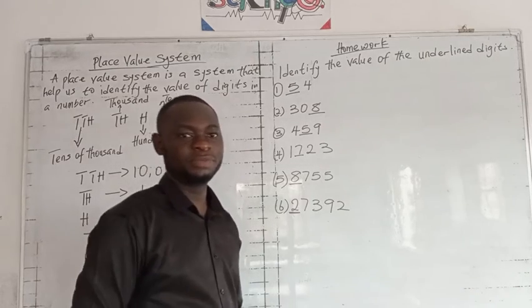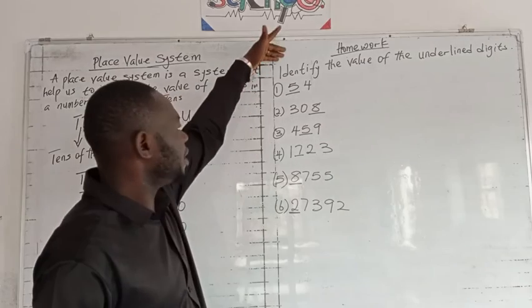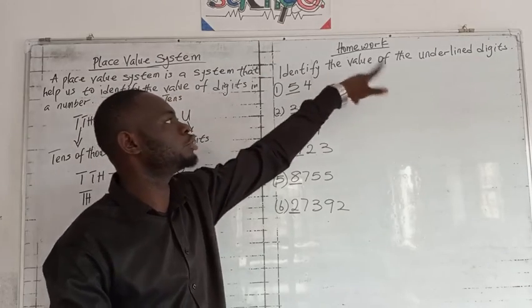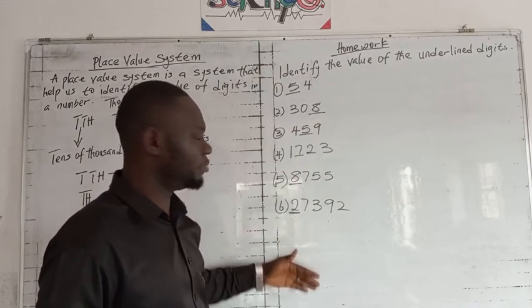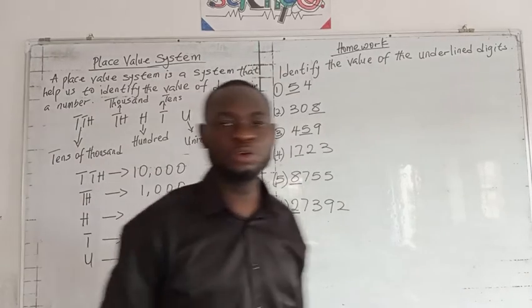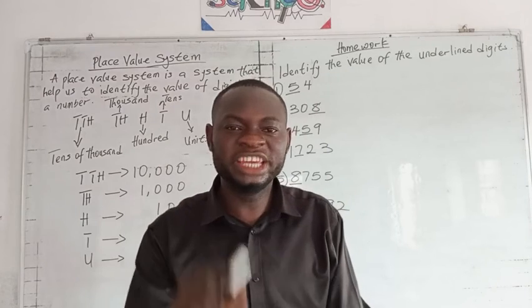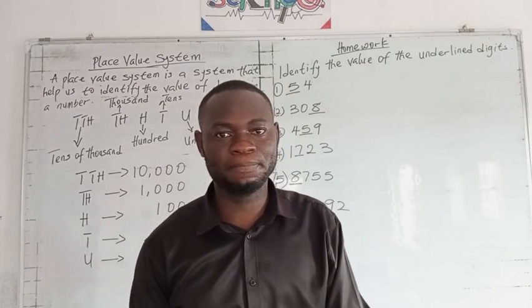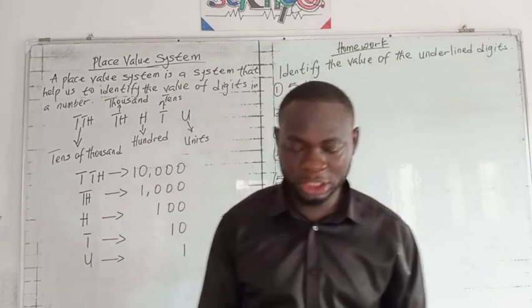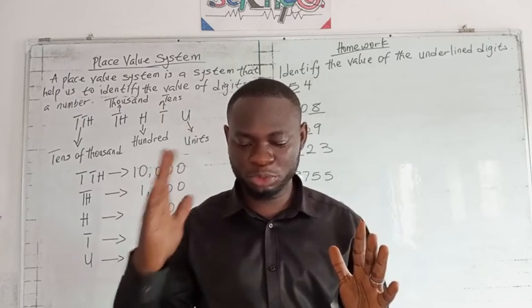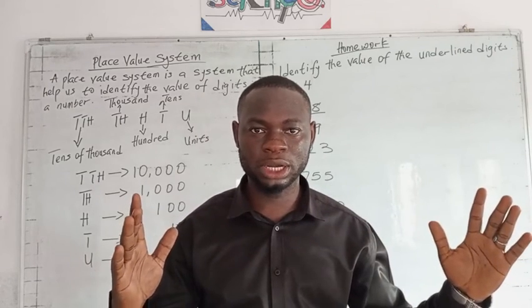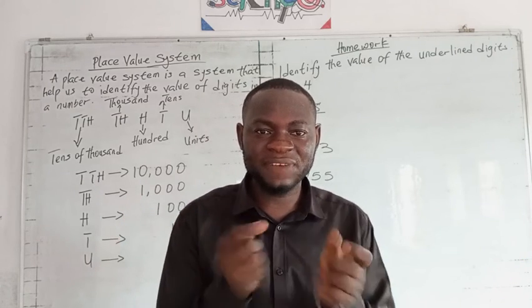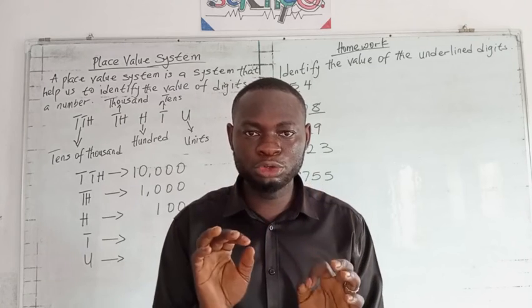Alright? Now, before you can be able to identify the values of the underlined digits in these numbers, you must first of all arrange the number in a place value system. Remember what we did? We are looking at place value from unit to tens of thousand. For you to be able to identify the values of digits, you do what?